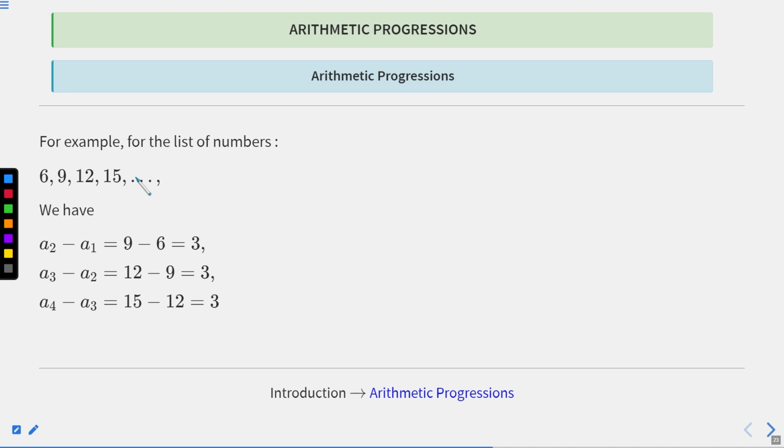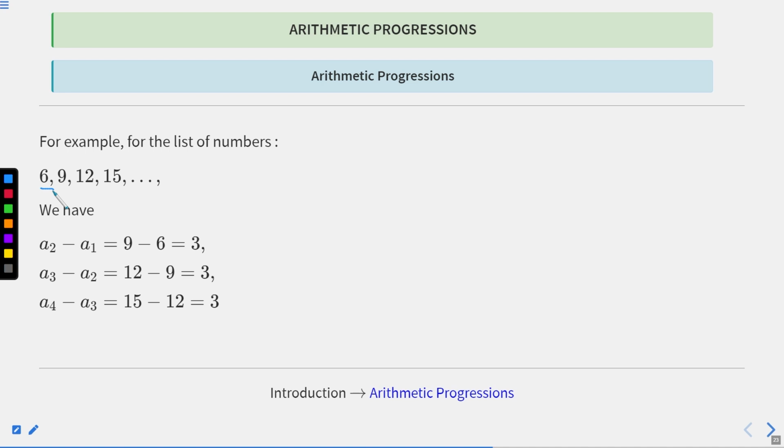If we add 3 to a preceding term, we get the succeeding term. So it follows the pattern of an arithmetic progression, and this list of numbers forms an arithmetic progression.